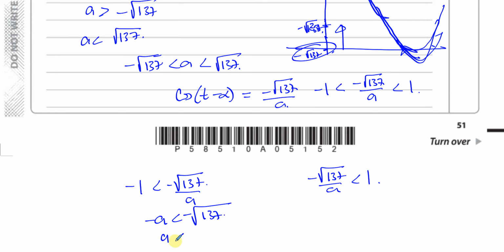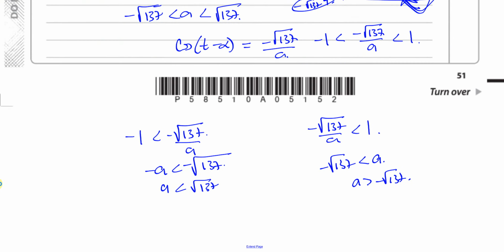That means a must be less than root 137, and I've got here minus root 137 is less than a. So a is less than that and a is greater than that. That's one way of solving these inequalities.